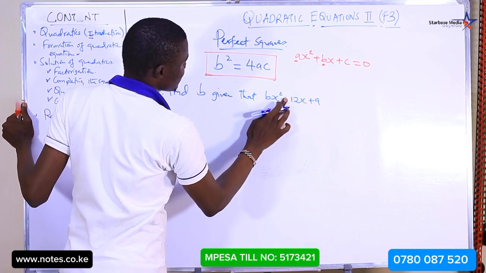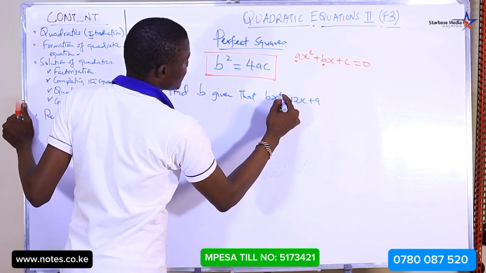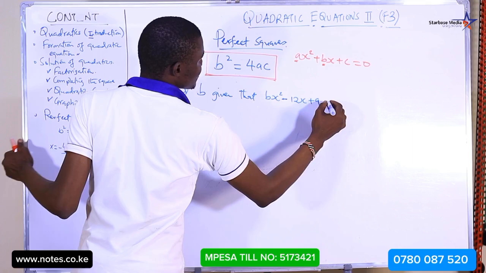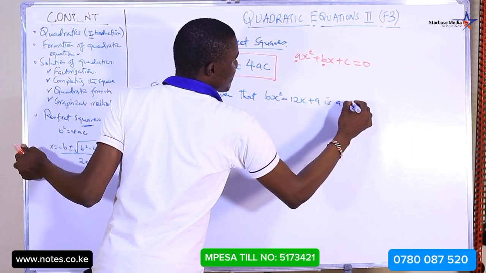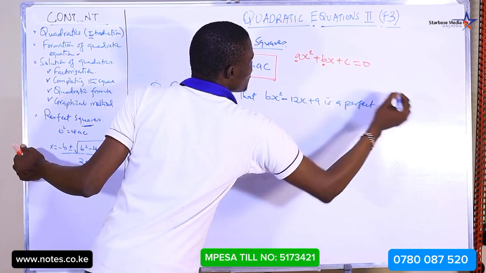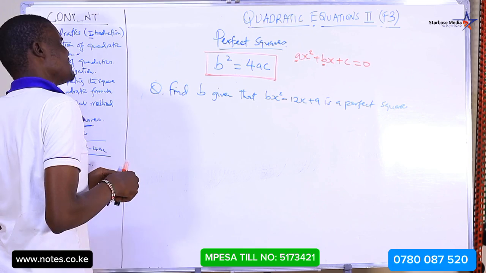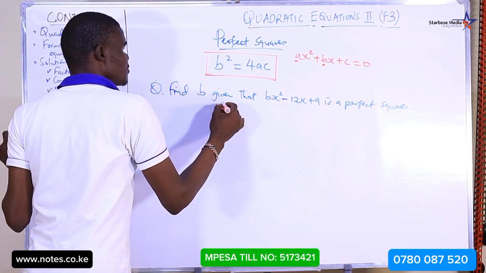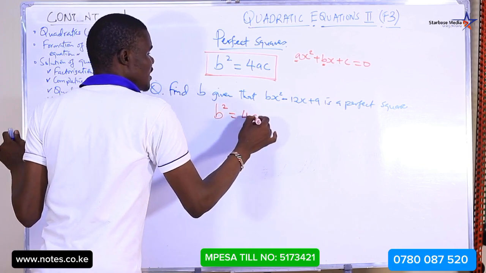So this is minus 12x minus 9 is a perfect square. Surely, how do you miss these points? Na mimi nimesema perfect square must meet this condition. B squared is equals to 4ac.